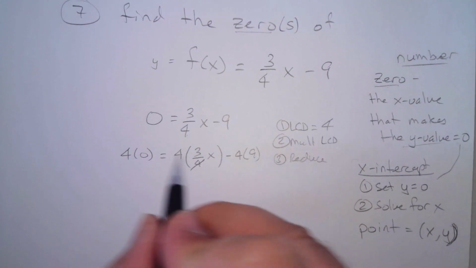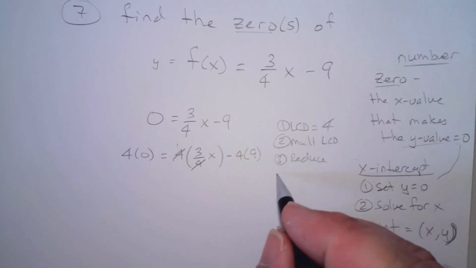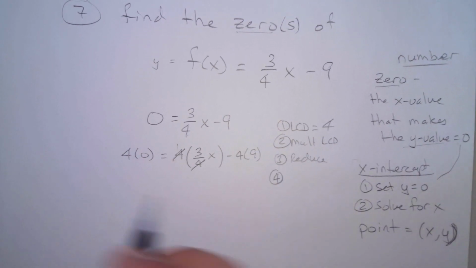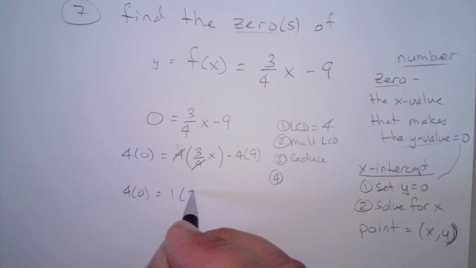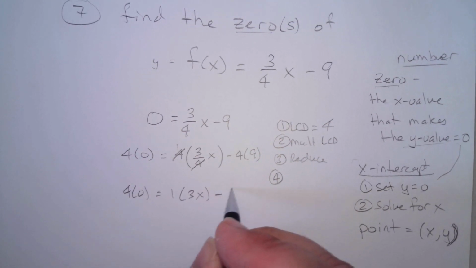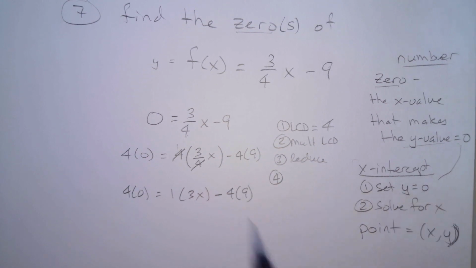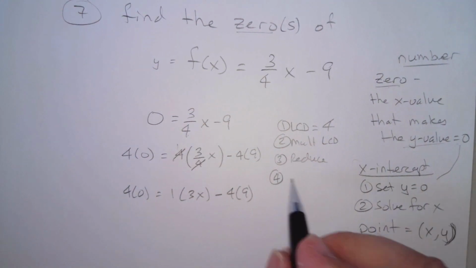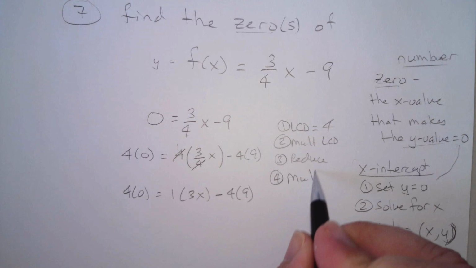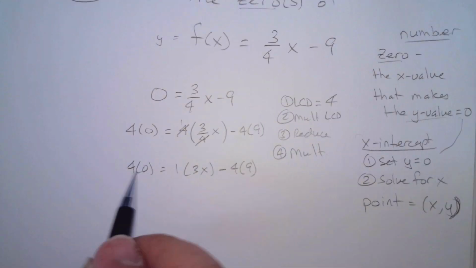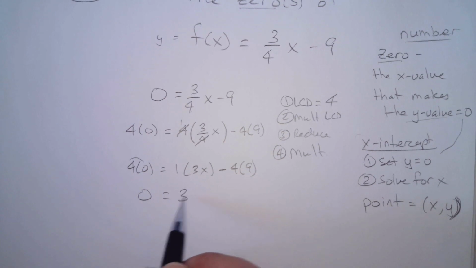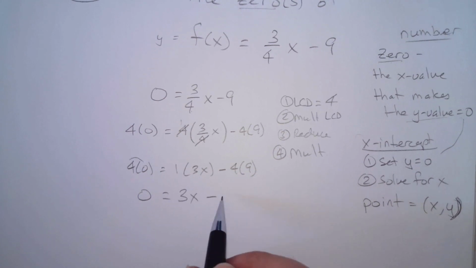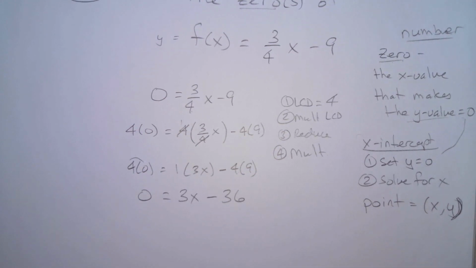Reduce. 4 and the 4 cancel. So we have 4 times 0, 1 times 3x, 4 times 9. Multiply to get rid of the parentheses. 4 times 0 is 0. 1 times 3 is 3x. 4 times 9 is 36.